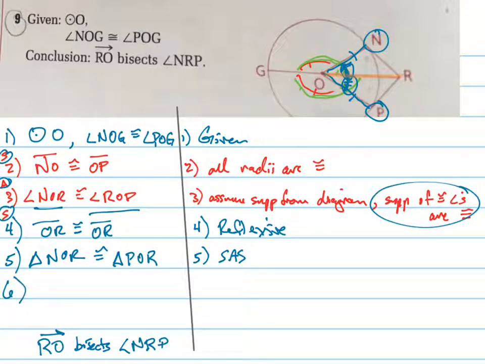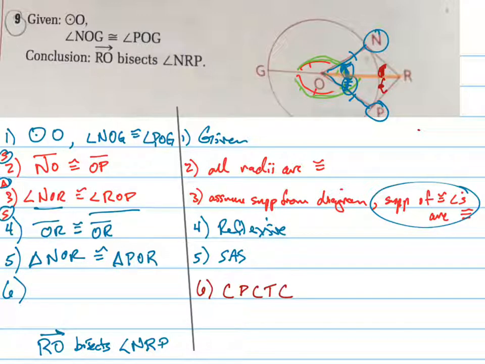Now number 6, I'm going to say, since that's true, this angle right here and this angle right here are congruent to each other. Why? Because corresponding parts of congruent triangles are congruent. That's a property that we can use when we're doing these.